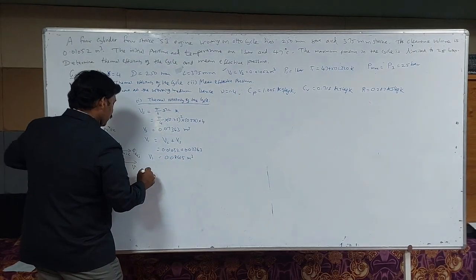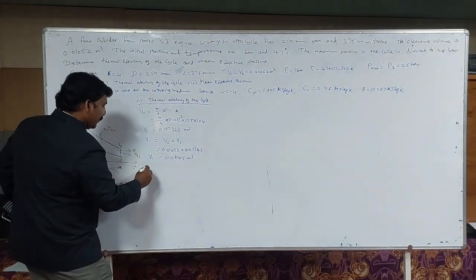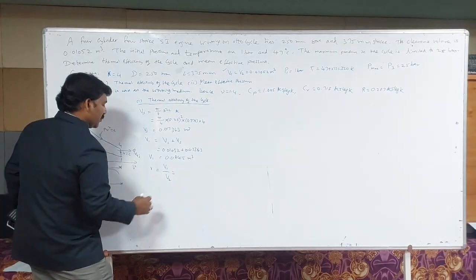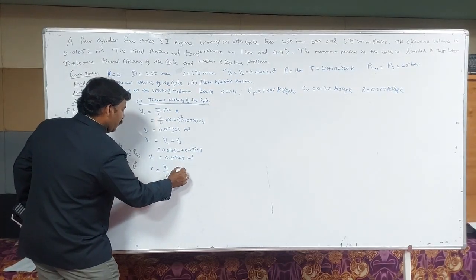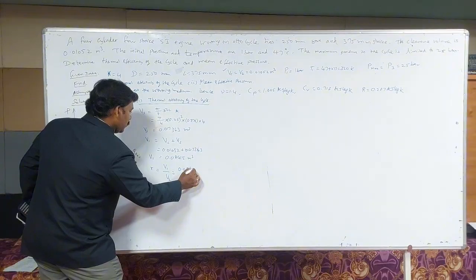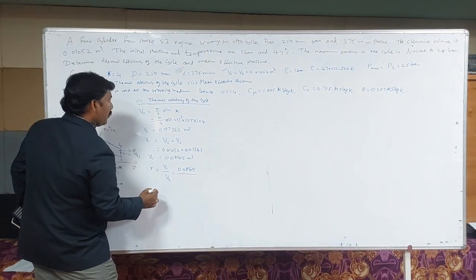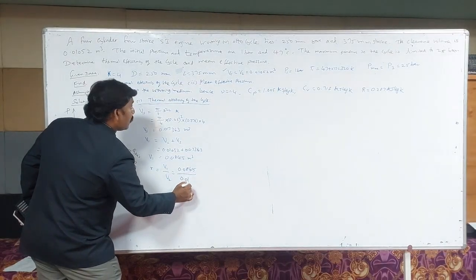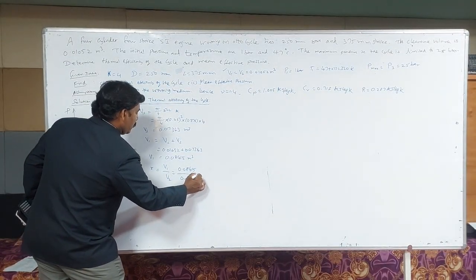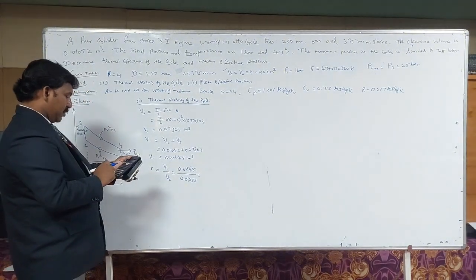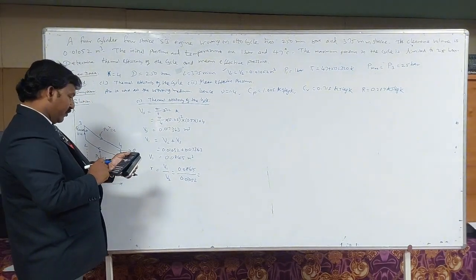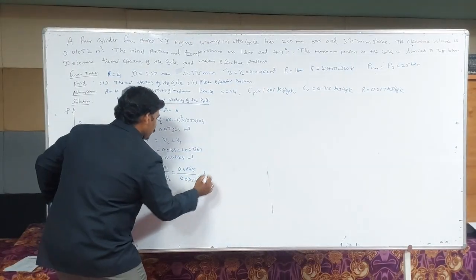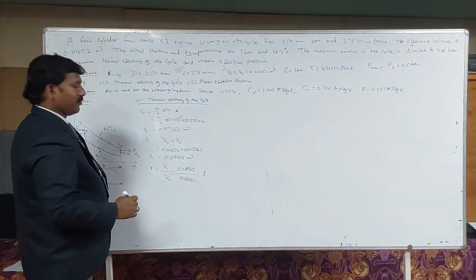This is V1. Now I have to find the compression ratio r, that is equal to V1 by V2. I know V1, volume at the initial stage, 0.08415, and V2 is the volume after compression. So I get the ratio 0.08415 divided by 0.01052. The answer is approximately 8. So compression ratio is 8.